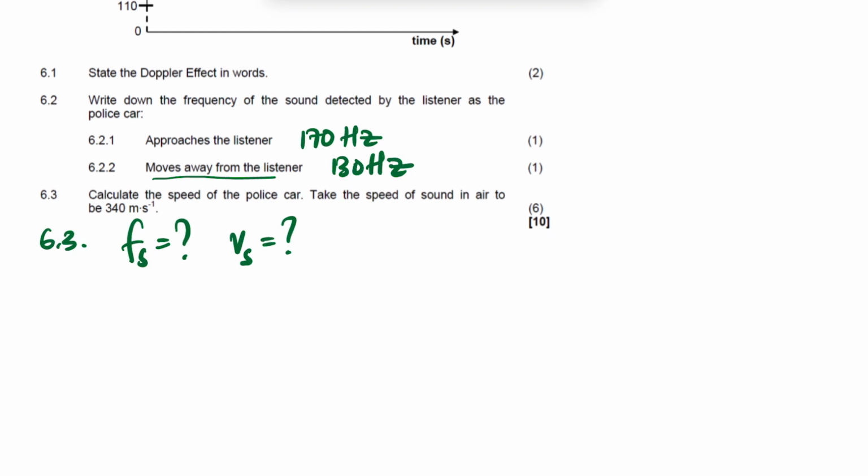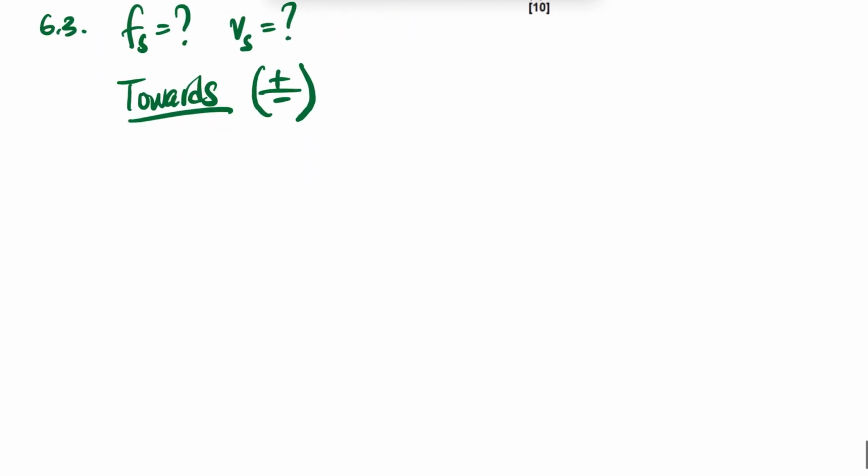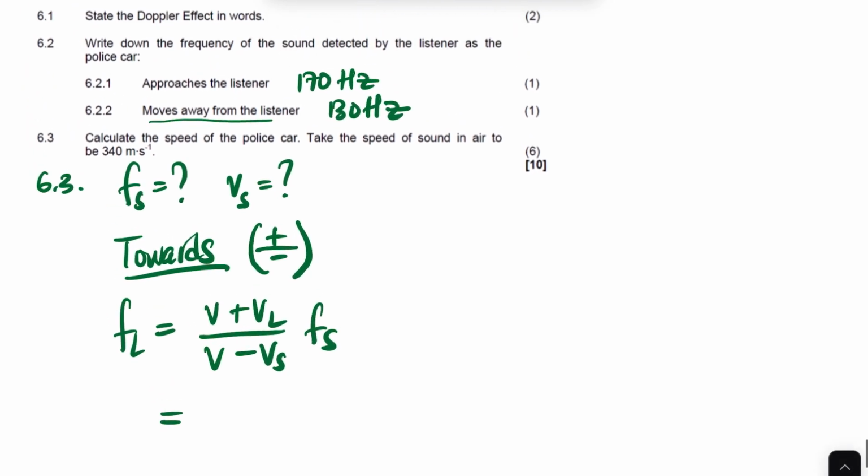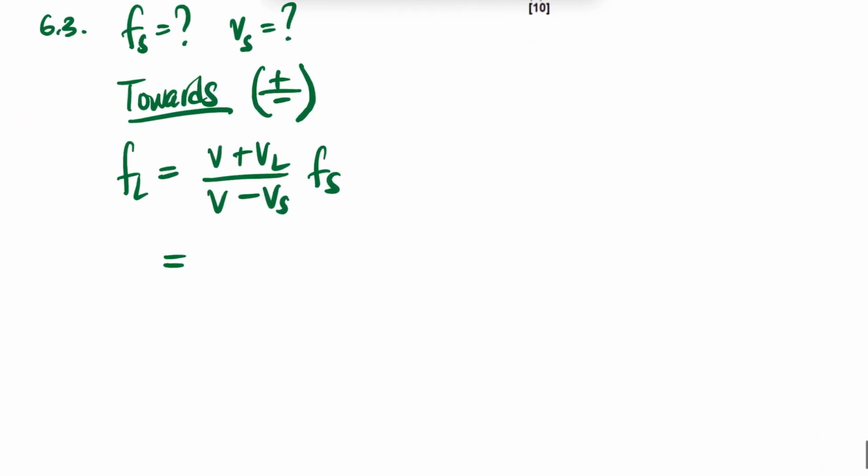Let me start with towards. We know towards it's plus on top and minus at the bottom. So I'll create the equation for towards. The frequency of the listener is equal to (V plus VL) over (V minus Vs) times the frequency of the source. Now I substitute. The frequency while it was moving towards is 170, from the graph.